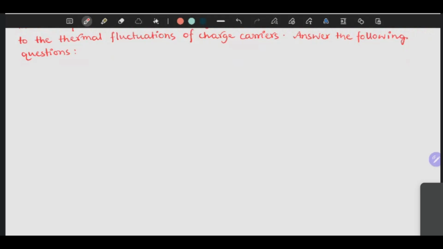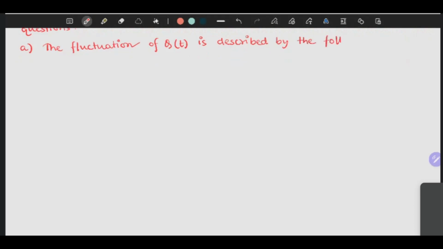Question 1 is: the fluctuation of Q(t) is described by the following equation, let's say.